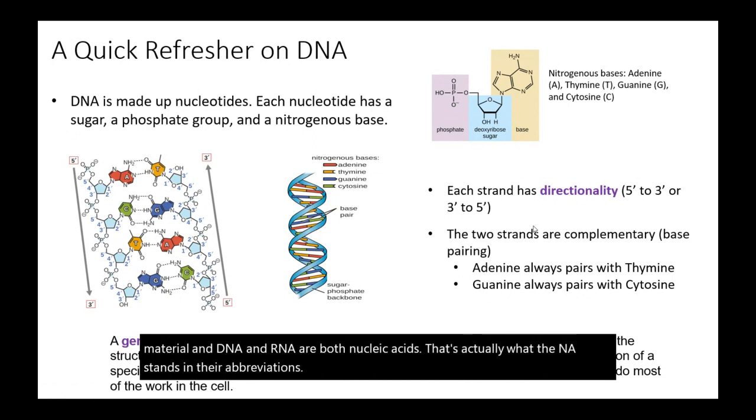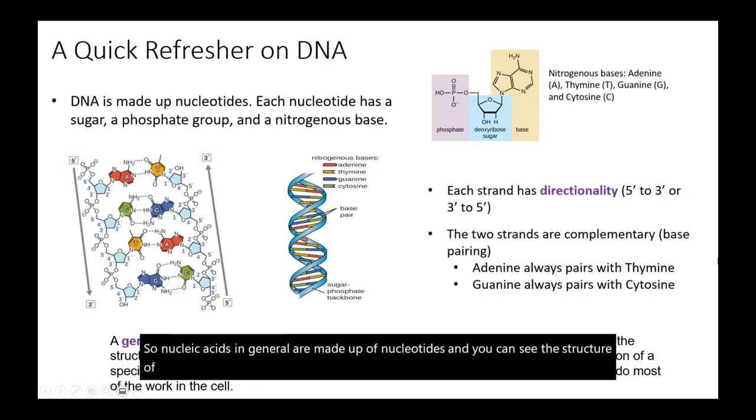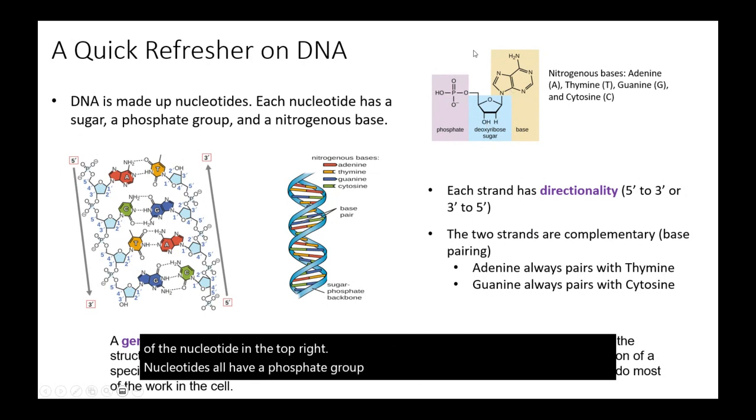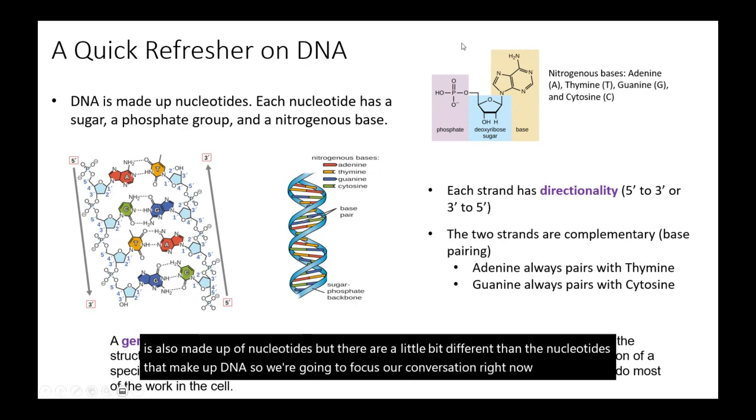Nucleic acids in general are made up of nucleotides, and you can see the structure of the nucleotide in the top right. Nucleotides all have a phosphate group, a sugar, and a nitrogenous base. RNA is also made up of nucleotides, but they're a little bit different than the nucleotides that make up DNA. So we're going to focus our conversation right now on DNA.